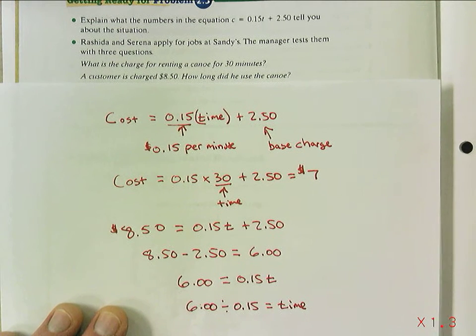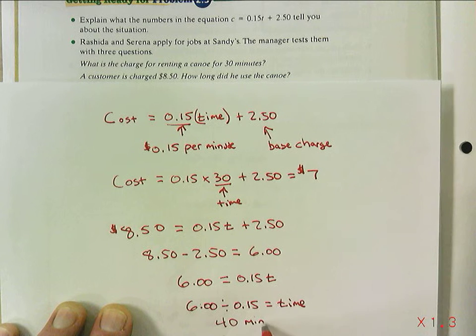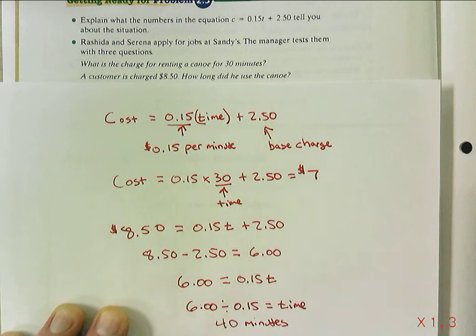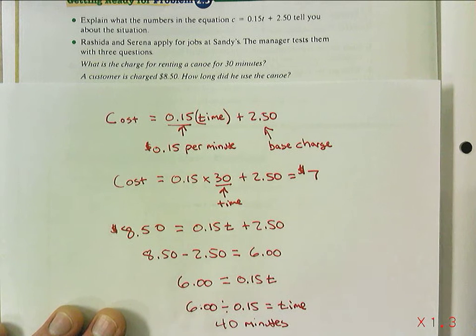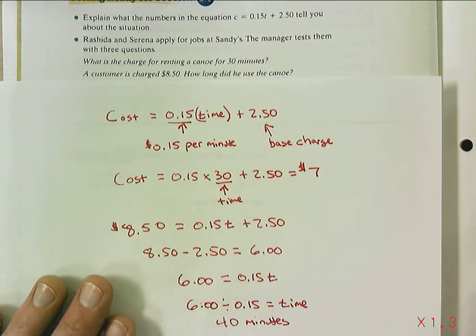So I'm going to take $6 divided by 0.15, and that means that they spent 40 minutes in the canoe. And all this is just using the equation that was given and solving for one part or another based on what I know or don't know.